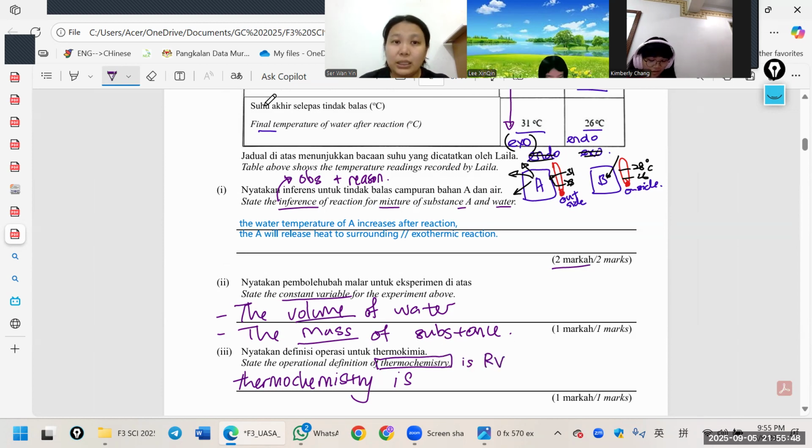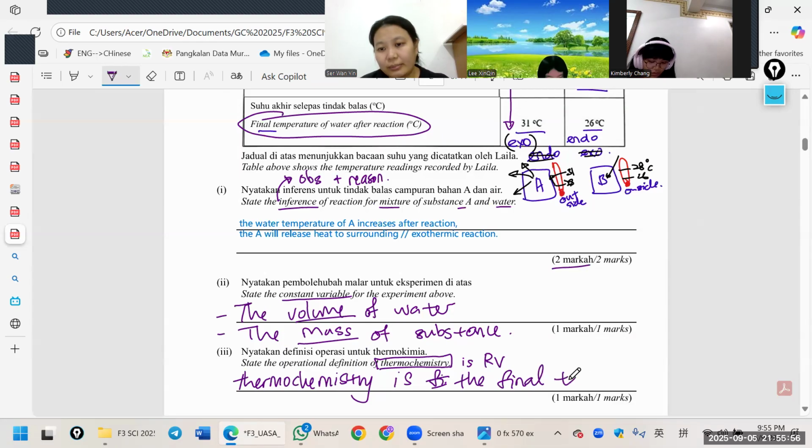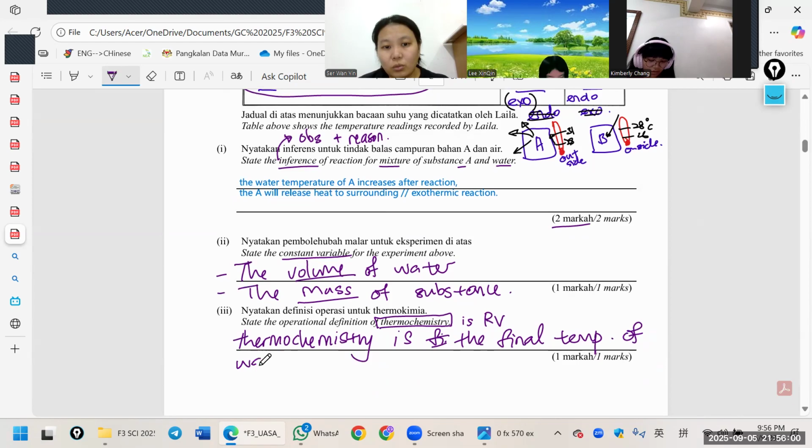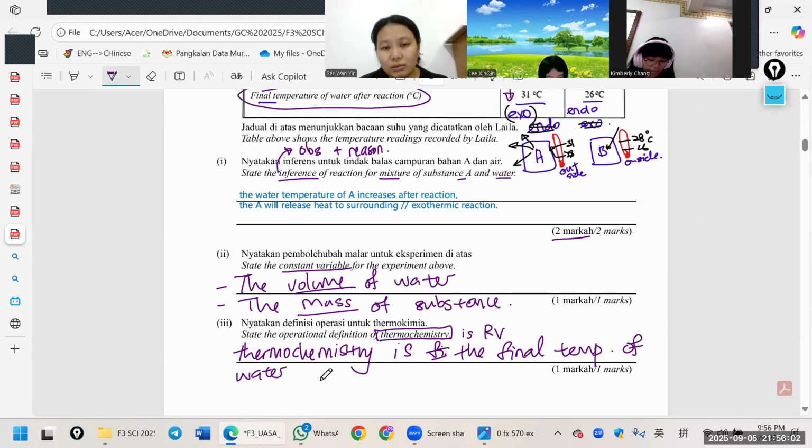Where's your RV? The final temperature of water after reaction. So the operational definition is the final temperature of water after reaction.